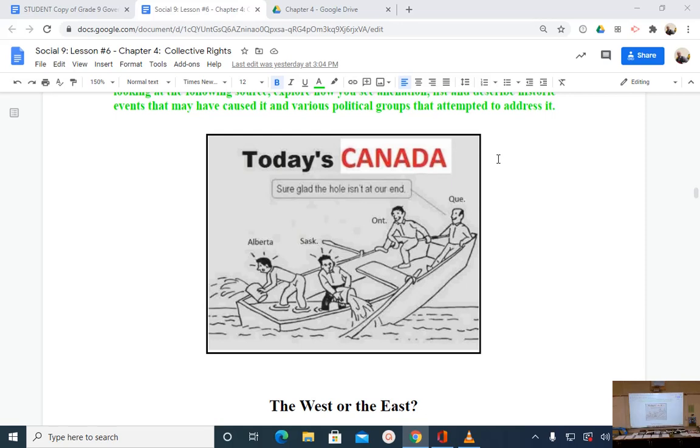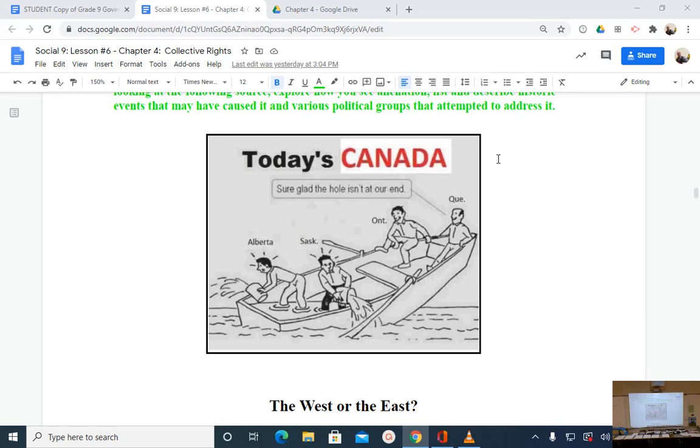So in a story, you might have metaphors where the basketball might represent freedom, or the car might represent a dream. Here, the boat represents the nation of Canada, and the ideological perspective is that the conditions of the people within the boat are not equal.